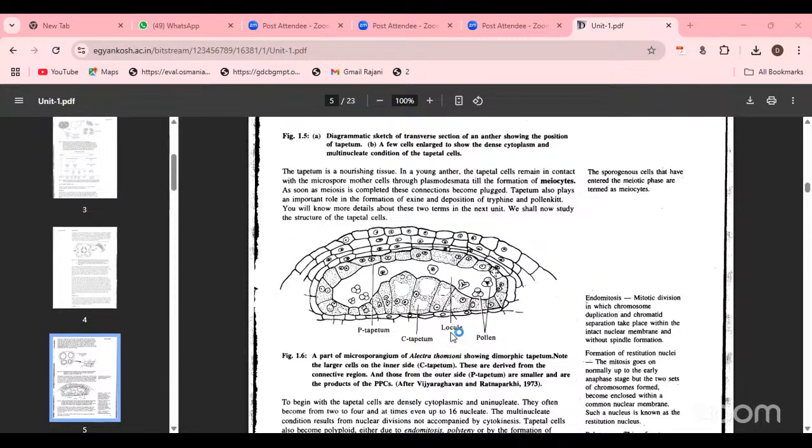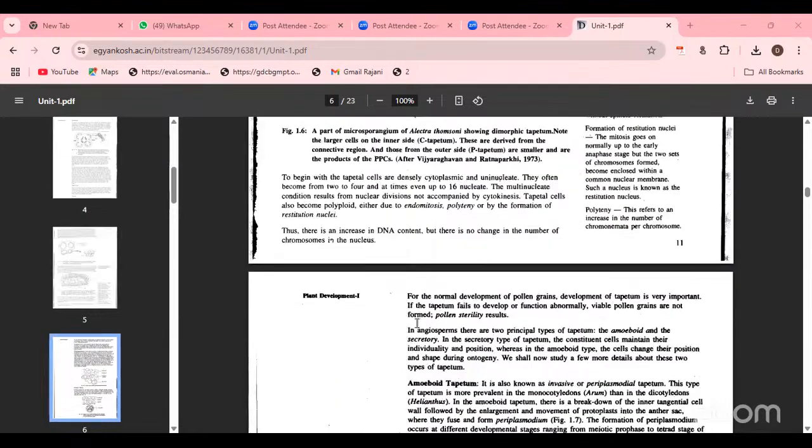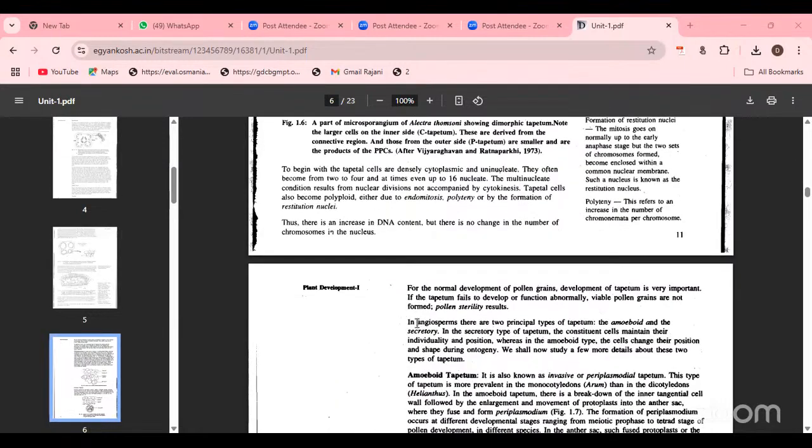We shall now study the structure of the tapetal cells. To begin with, the tapetal cells have dense cytoplasm. Each cell has dense cytoplasm and is uninucleate.